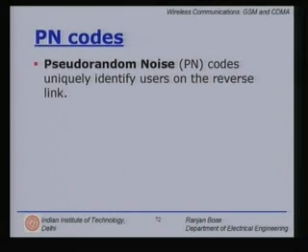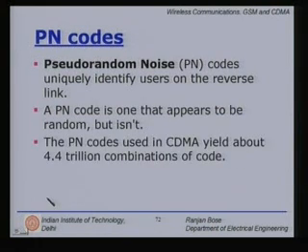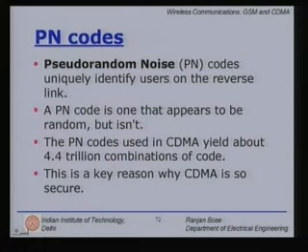PN codes. PN codes uniquely identify users on the reverse link. A PN code is one that appears to be random, but actually it isn't, hence the pseudo part. The PN codes used in CDMA yield about 4.4 trillion combinations of code. So what does it do apart from channelizing?